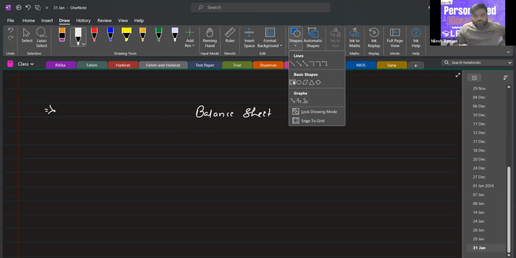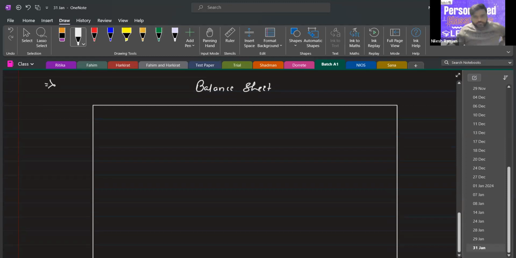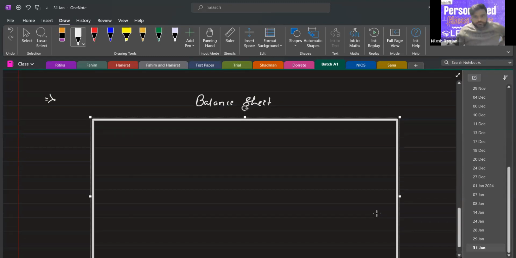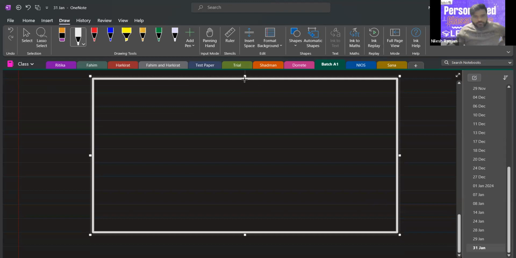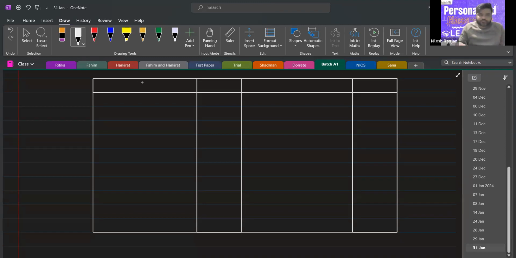There are two sides in a balance sheet: liabilities and assets. Now we will write some of the items here so that you understand the concept.